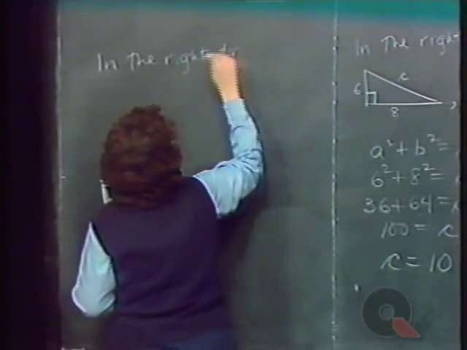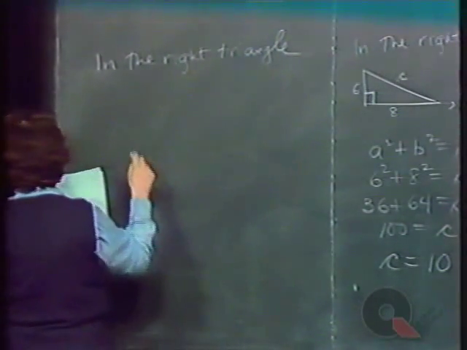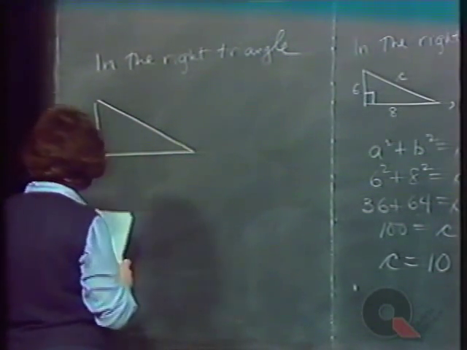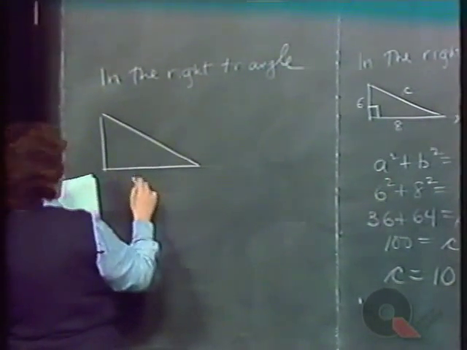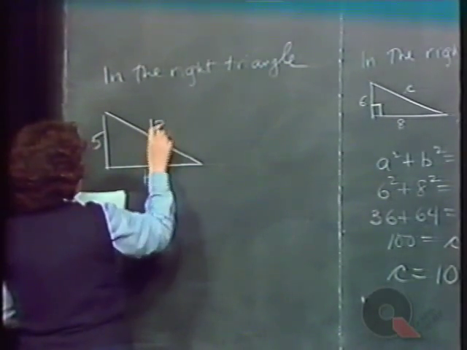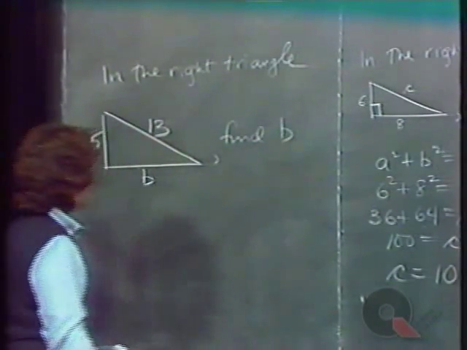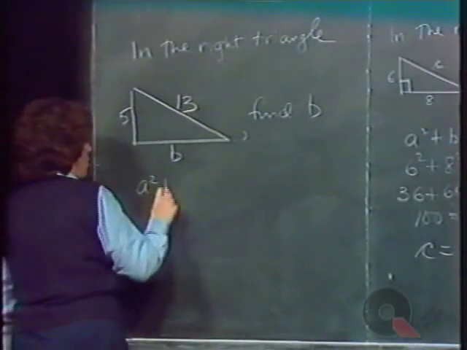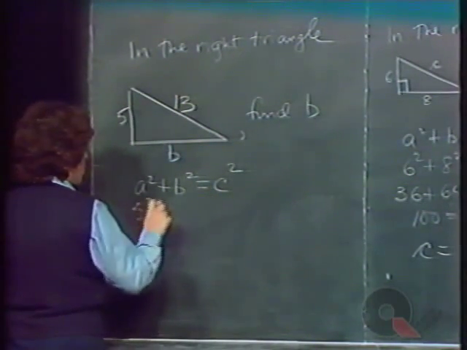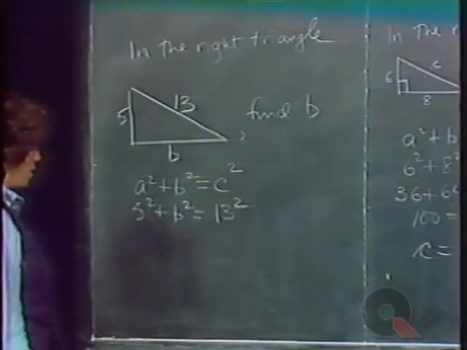In the right triangle, find B. A squared plus B squared is equal to C squared. 5 squared plus B squared is equal to 13 squared.